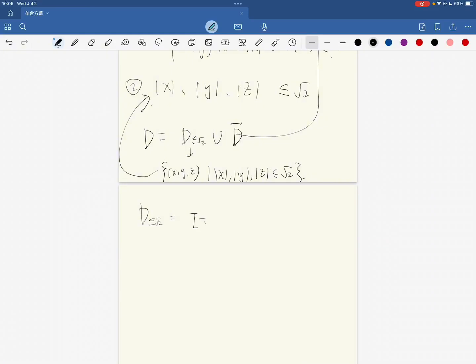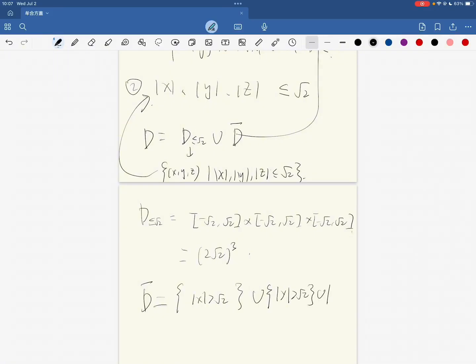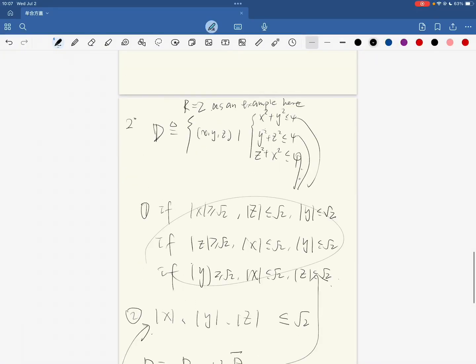It's like that, and basically for this we could decompose it into 3 parts, and of course this corresponds to, and this corresponds to this situation.